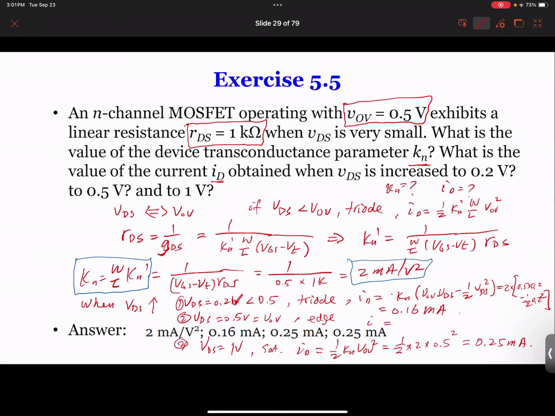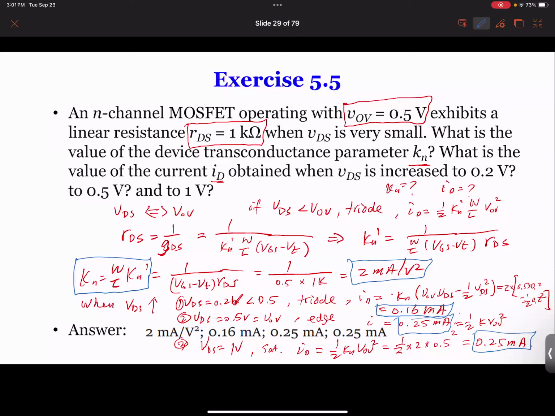For the second one, also we got 0.25 milliamps because it's at the edge. So at the edge, you can use 1/2 Kn times VOV squared. So it has nothing to do with VDS. So we got all the solutions: for the first one, 1.6, and the second one, 0.25, and the last one also 0.25.